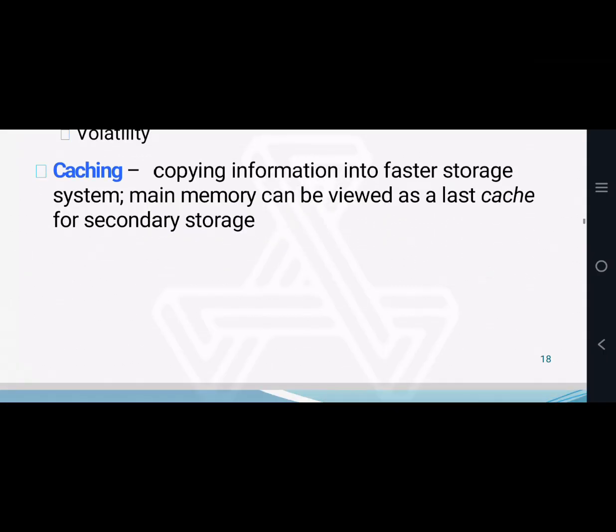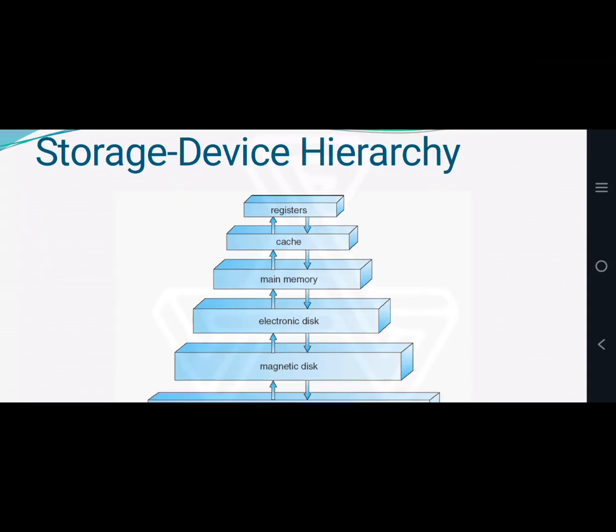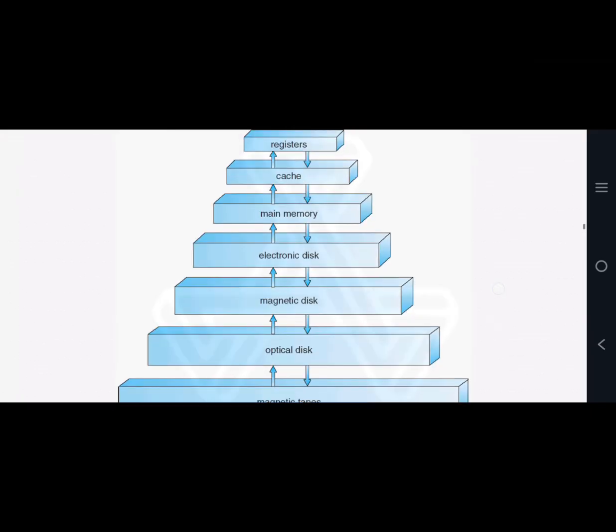Caching. Copying information into a faster storage system; main memory can be viewed as a last cache for secondary storage. Storage device hierarchy: registers, cache memory, main memory, electronic disk, magnetic disk, optical disk, magnetic tapes.